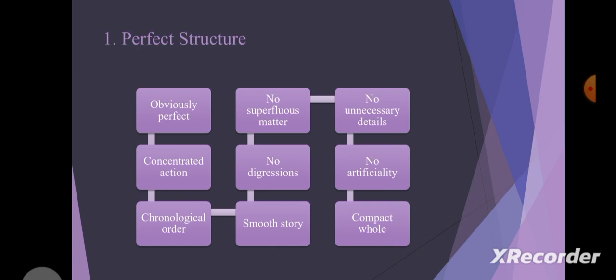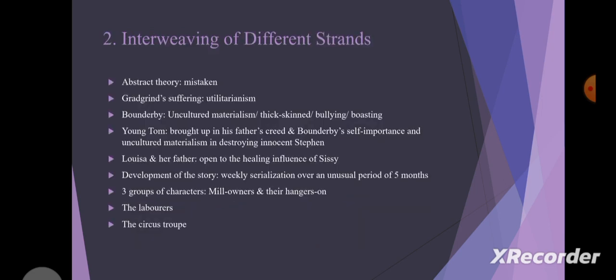You can say that there is not at all any artificiality so far as the details of the story are concerned, and in the same way there is a chronological order which is based on proper beginning, proper middle, and proper end, and the readers are going to be satisfied by this compact story, as they are not going to feel any kind of gap or any kind of hole in it so far as the end of the story is concerned.